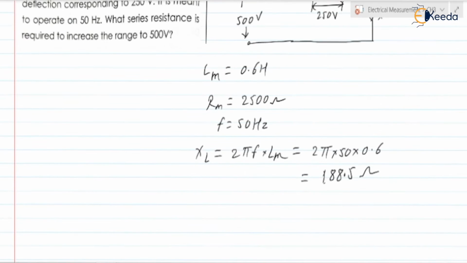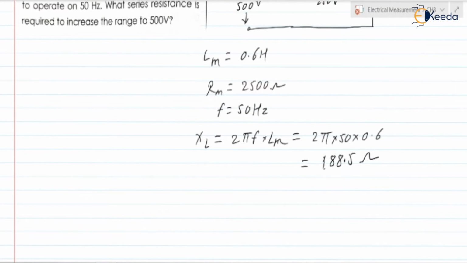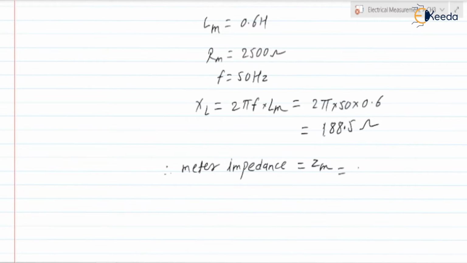Now the meter impedance, we can find. Therefore meter impedance ZM is equal to the square root of RM square plus XL square.